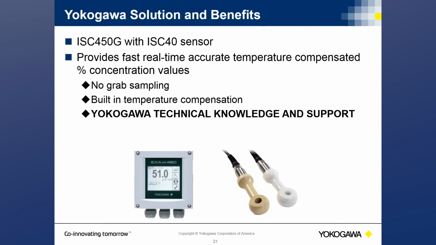So online conductivity process analyzers allow users to benefit from fast real-time concentration readings. You no longer have to do grab samples. You no longer have to know how to interpret the reading. You no longer have to make sure your sample is the same temperature that your device is calibrated to. So the Yokogawa inductive conductivity sensor allows users to use one sensor that will cover any chemical with any concentration range.